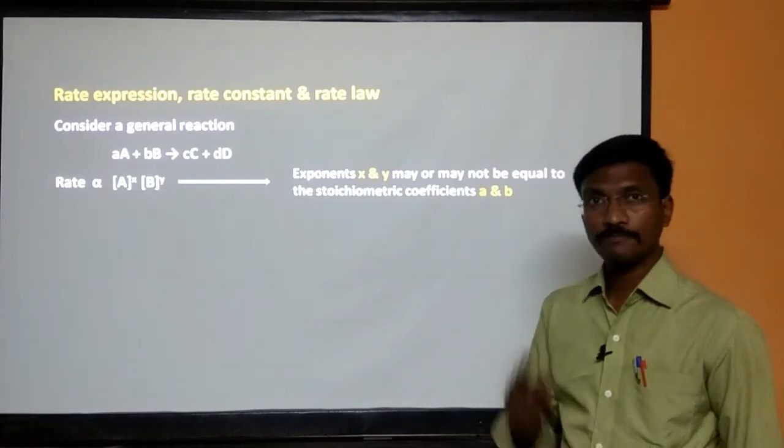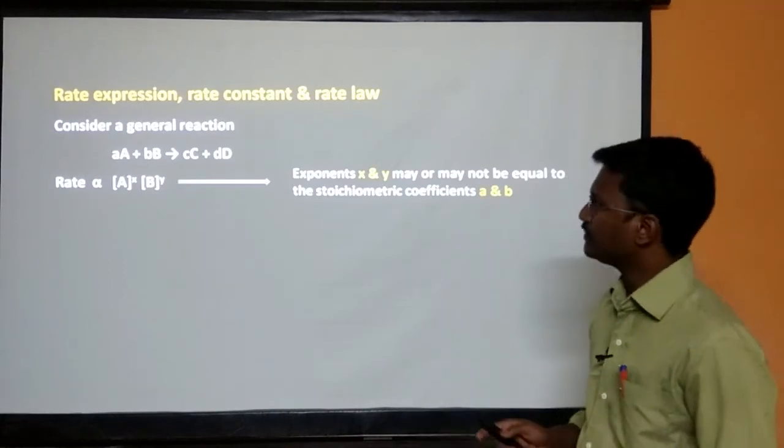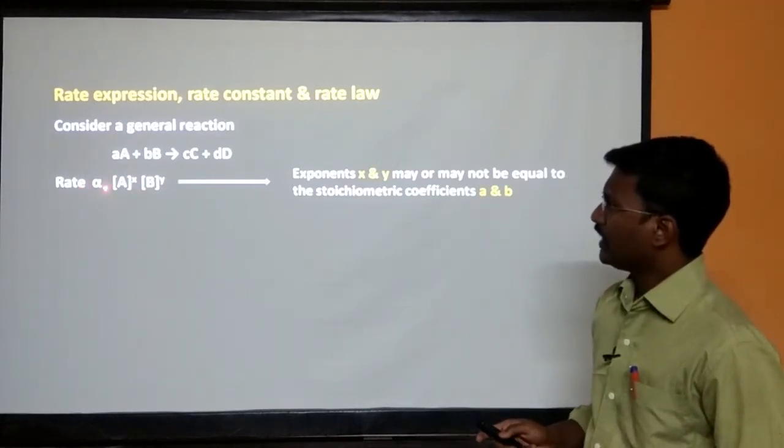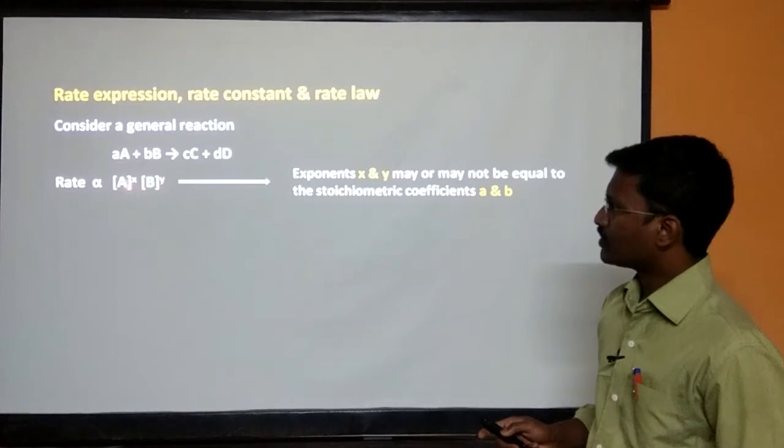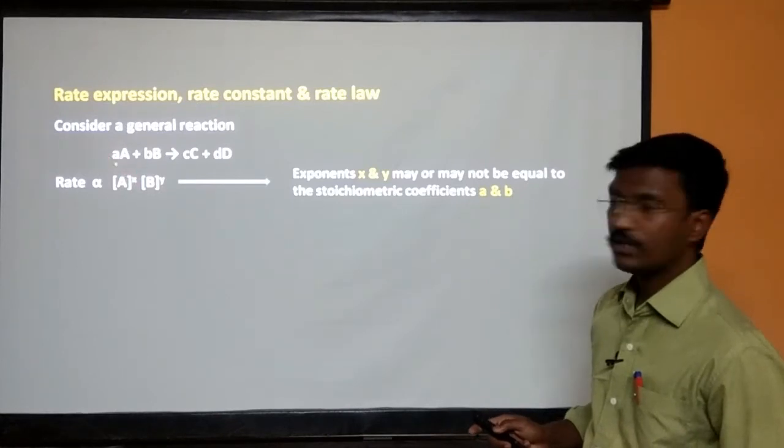It is not possible to write them theoretically. How we determine them will be known in the next slide. Here, x and y are the powers of A and B, and x may be equal to a or may not.